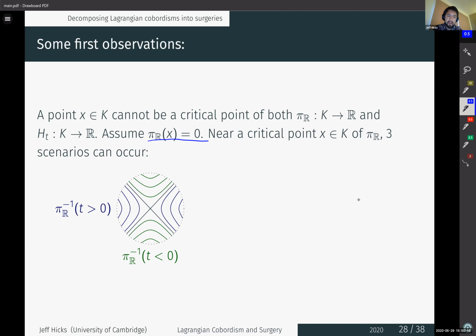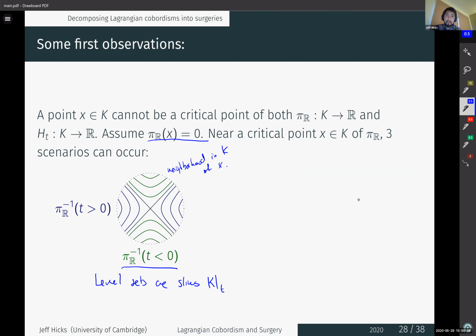So over here, I've drawn the level sets of projection to the real factor. So these level sets are the slices of K restricted to t. So this is some neighborhood in K of x.